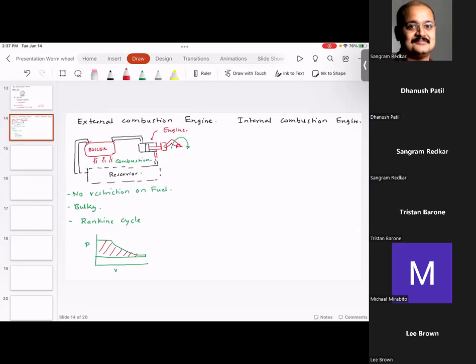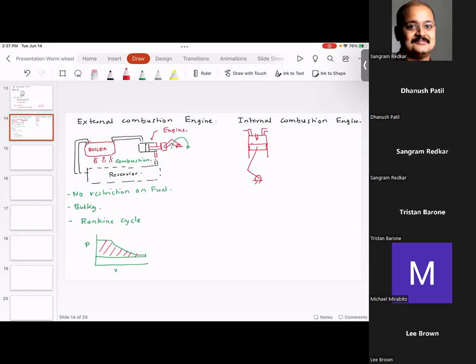Now, in contrast with the external combustion engine, the way an internal combustion engine works is you have the working fluid that is burnt inside the cylinder, not outside the cylinder. So if you think about an internal combustion engine, you have the inlet valve, and you have the exhaust valve.